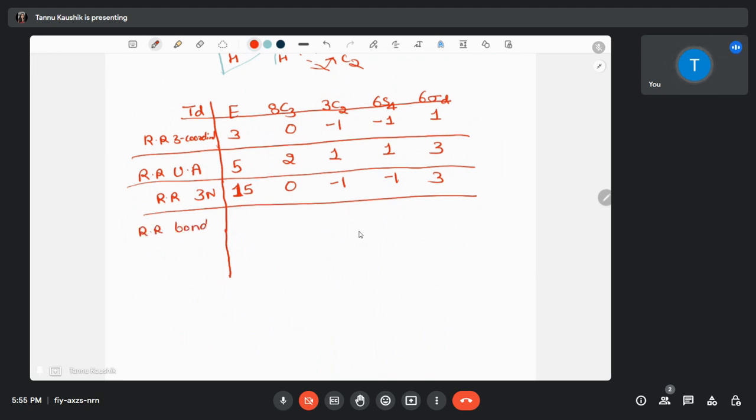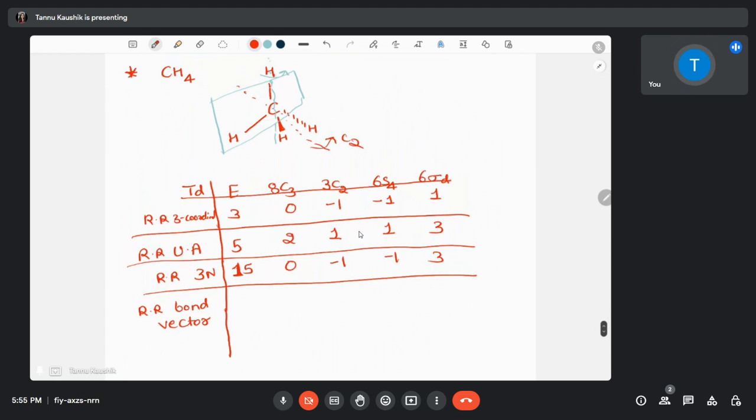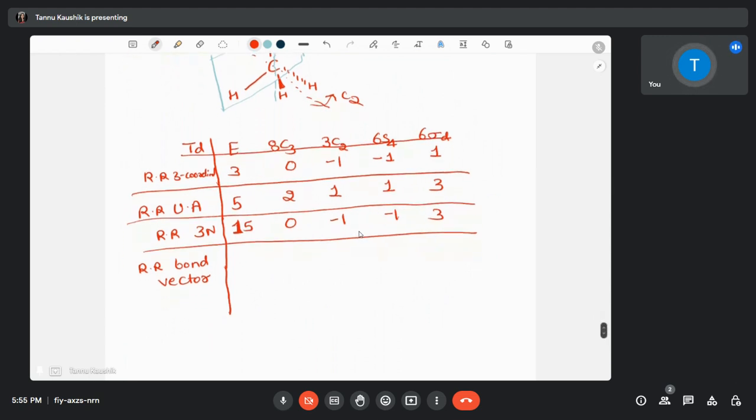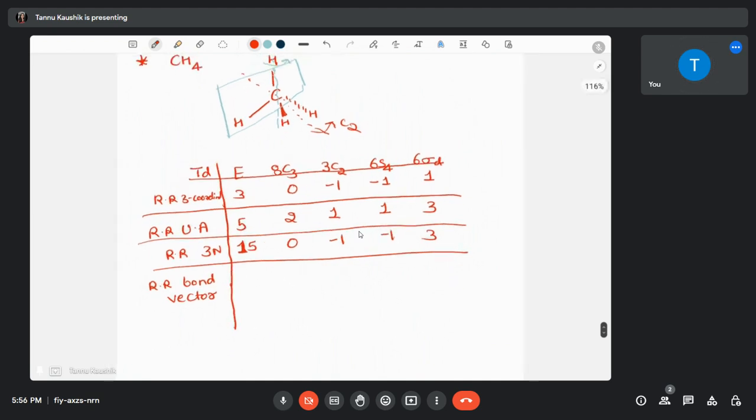Now reducible representation for bond vector. So each of the bonds will be considered now as bond vectors. Like each of the CH bonds will be a bond vector. So when we apply each of the operations, we will have to find out how many bonds remain unchanged. So there are 4 CH bonds. Each of these will remain unchanged during the identity operation.